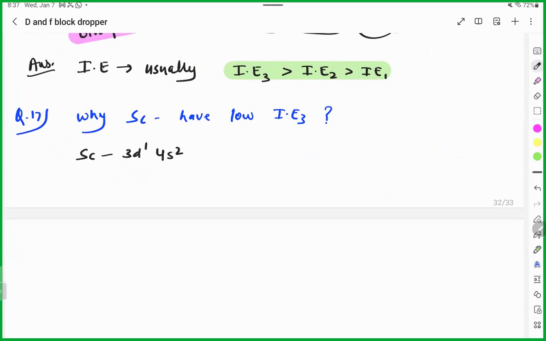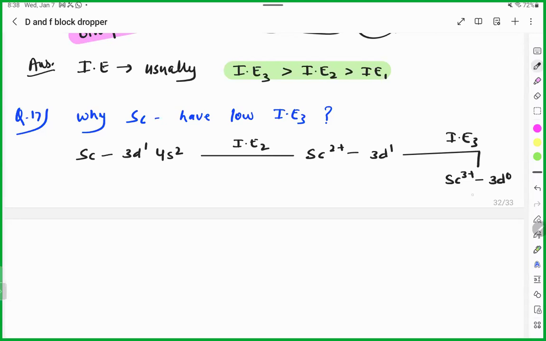So this is the scandium electronic configuration. If you take second ionization enthalpy, then it will be scandium 2 positive, 3d1. If you remove one more electron, it will be highly stable and become like a noble gas configuration. If you see third ionization enthalpy, then scandium 3 positive will become 3d0.